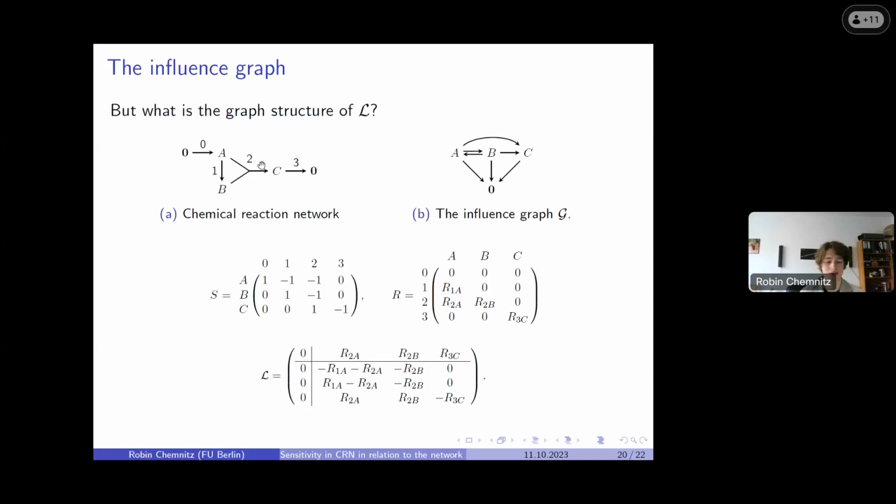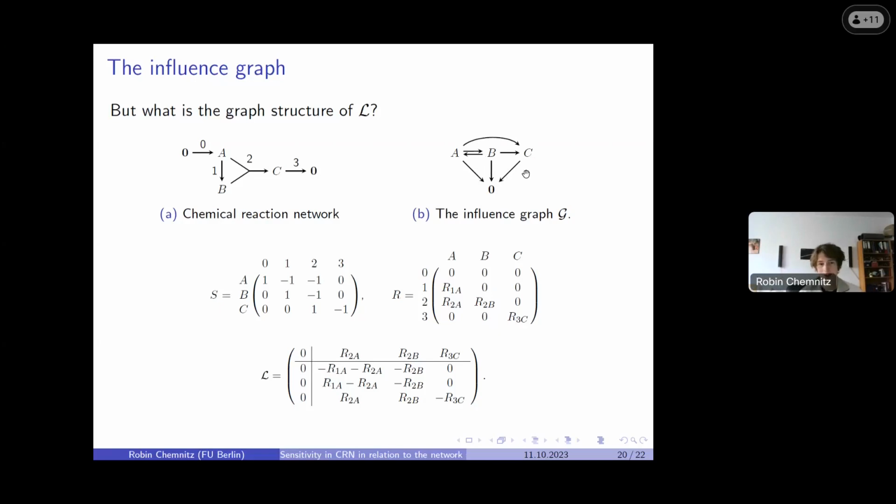Since this chemical reaction network is very compact, it's only 3 metabolites, this leads to an almost complete graph. If the network is larger and we have components far away from one another, so that two metabolites or reactants don't share any reaction, they will not get any edge in the influence graph.